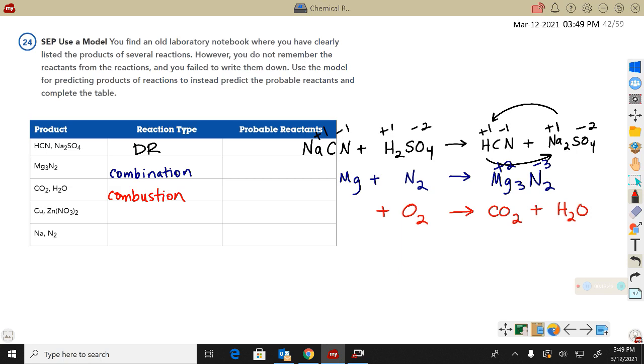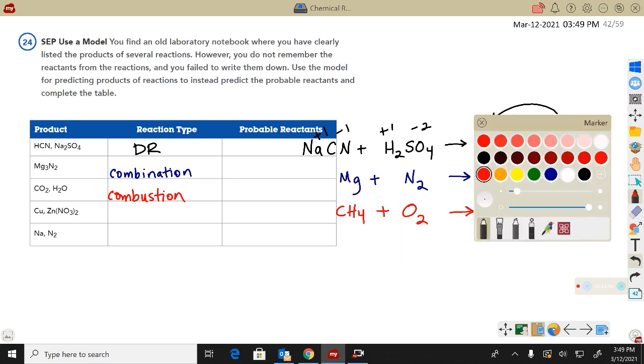Some kind of a carbon-hydrogen compound. And one of the examples that they've used a bit is that CH4. But it could have been anything. Any carbon-hydrogen compound would burn in oxygen to produce carbon dioxide and water. I bet that's some kind of a combustion that would give me those products.